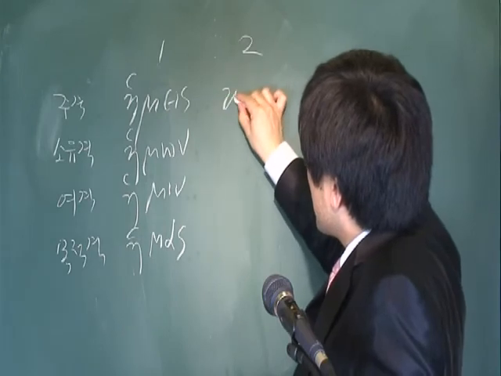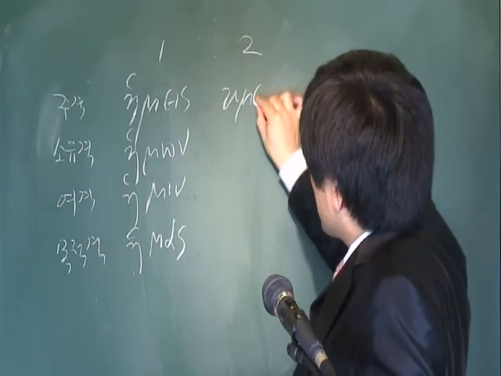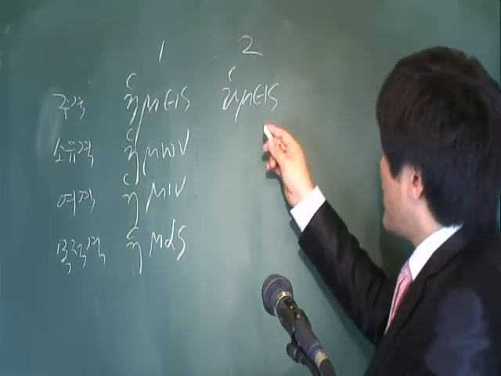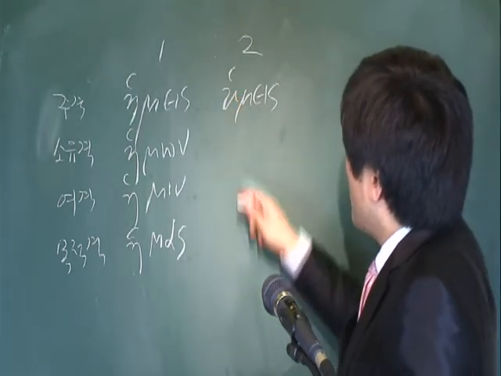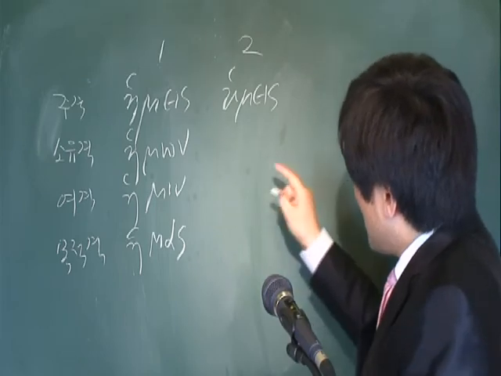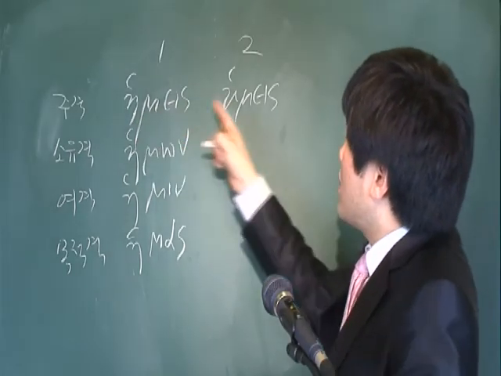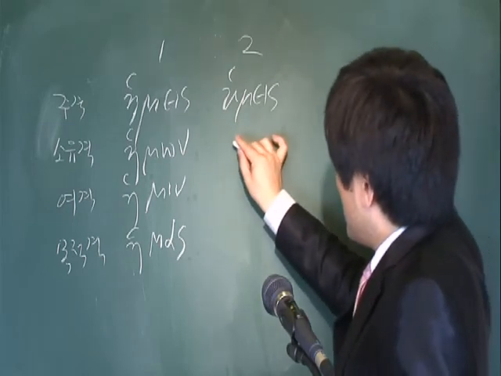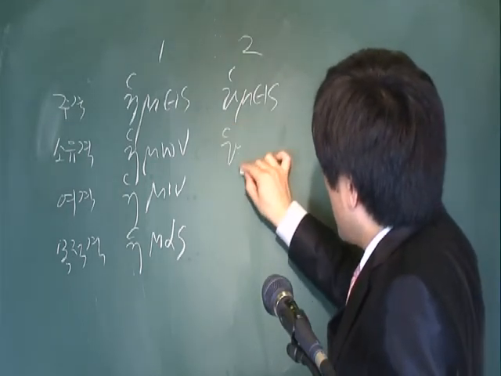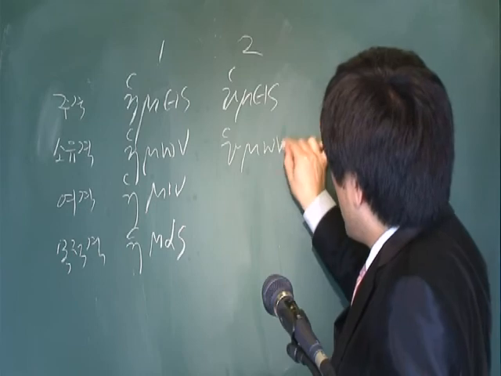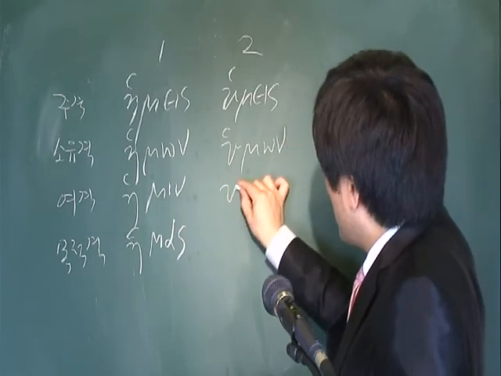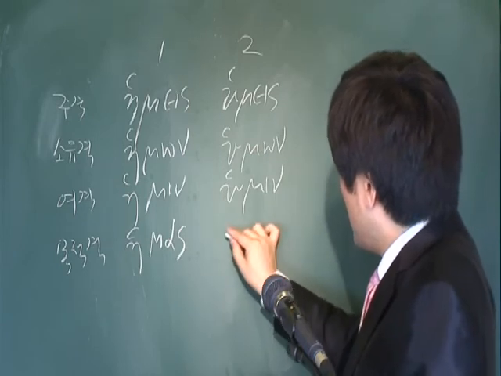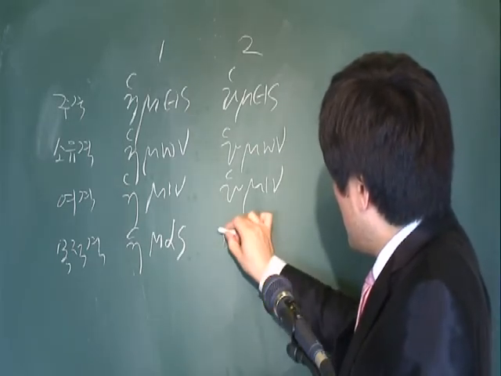The definite article and the noun are put together, and autos is added either to the front or the back. In such a case, it would be interpreted to be the man himself.